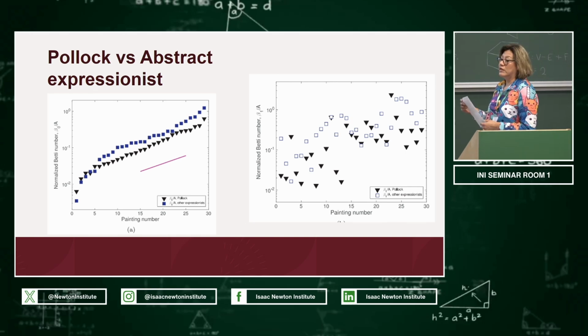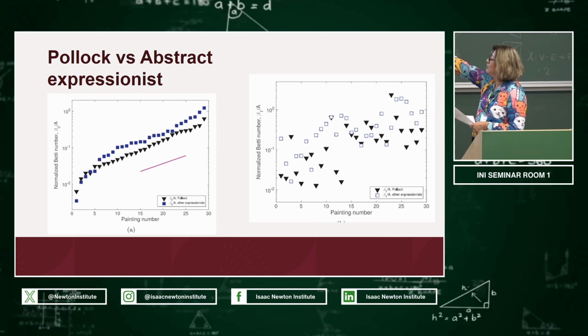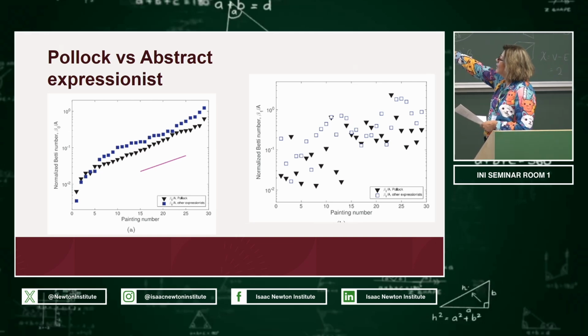Yes, of course, different plots. This is beta 0 and this is beta 1. Beta 0 measures the connectivity and beta 1 measures the holes. And yes, we identify the slope in the case of Pollock's, and in the case of the other abstract artists, we have different slopes.